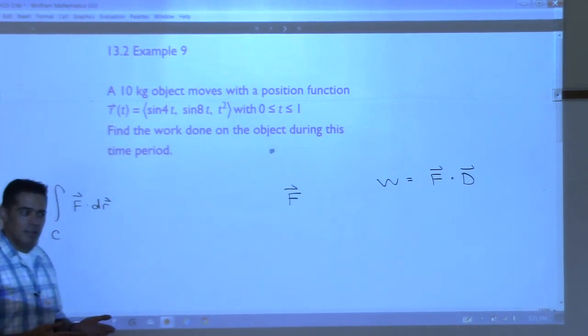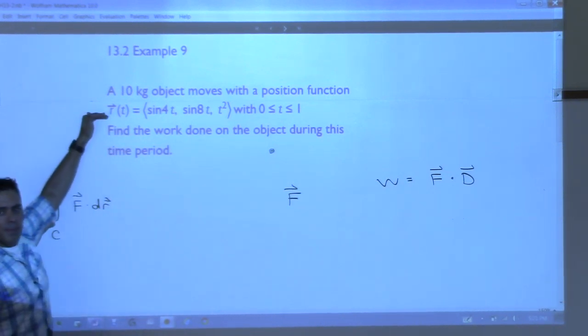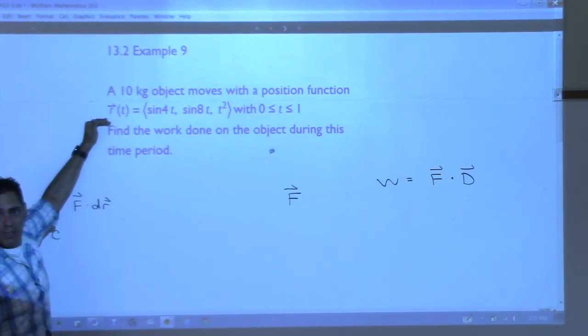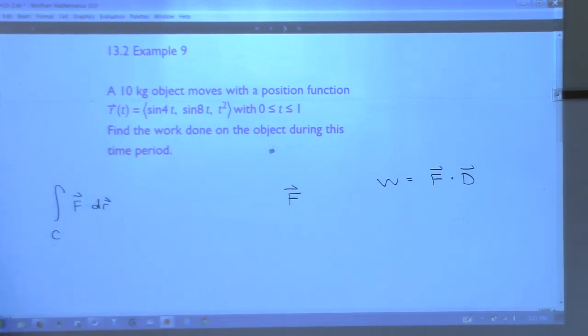I'll give you a hint: you need the acceleration. How are you going to get the acceleration? Position. First derivative is velocity. Second derivative is acceleration. We are not using acceleration of gravity because there's no mention of gravity here.